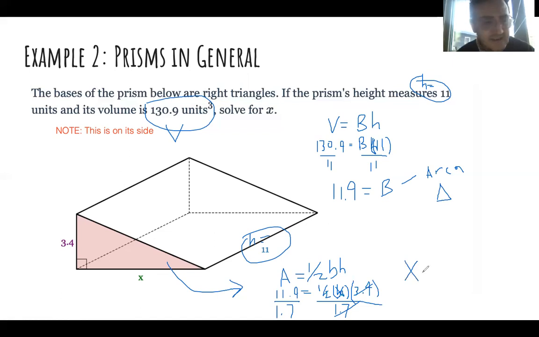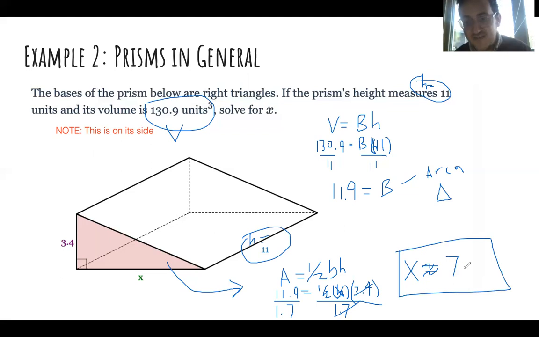So x is approximately equal to, at the end of the day, 11.9 divided by 1.7. So that's approximately going to be 7. Actually, it's going to be exactly 7. And we'll just say that it's units.